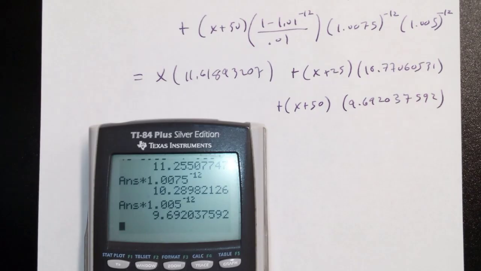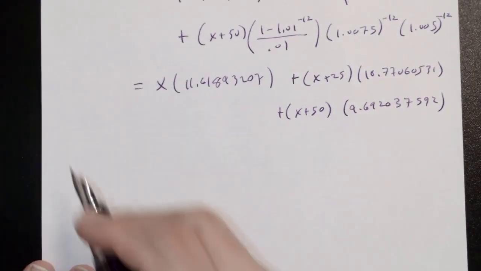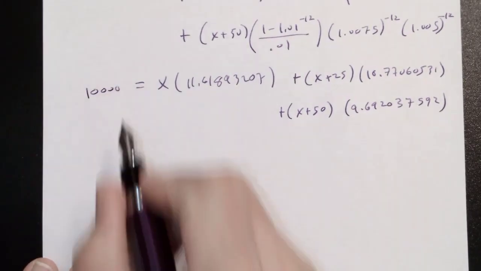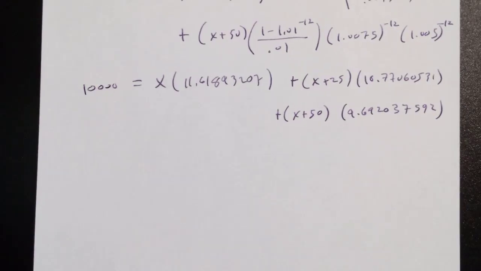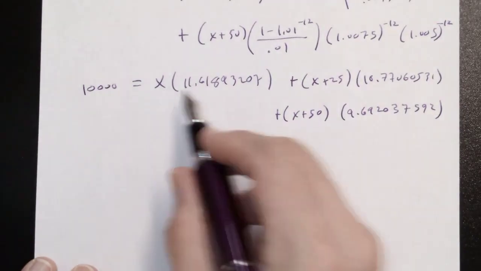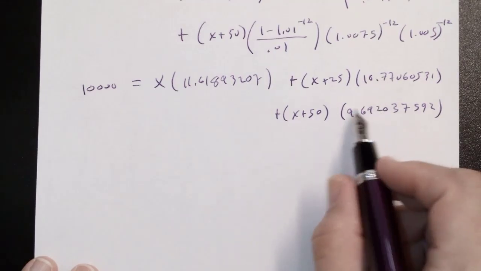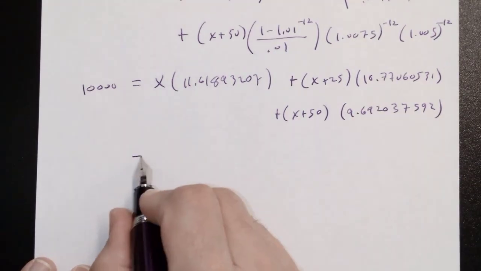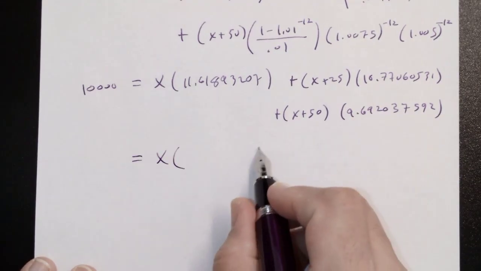Hey, wait a minute. This is now just a linear equation. I have number times x plus number times x plus number. How many x's do I have altogether?